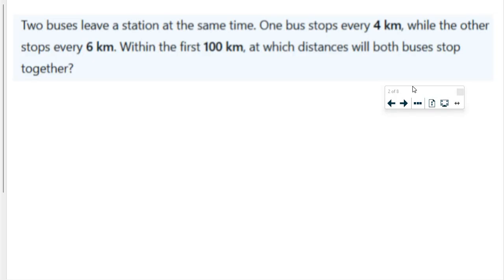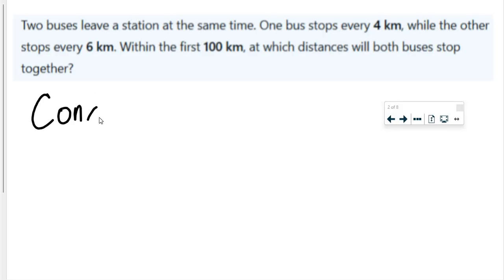One bus stops every 4 kilometers, while the other stops every 6 kilometers. Within the first 100 kilometers, at which distances will both buses stop together?